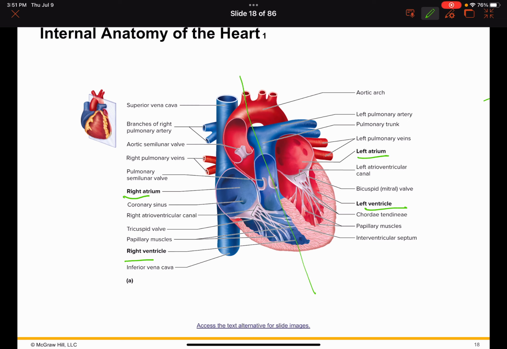So the atria receive blood returning to the heart. Either this one, deoxygenated blood after systemic circulation, or this atria receives oxygenated blood after pulmonary circulation.